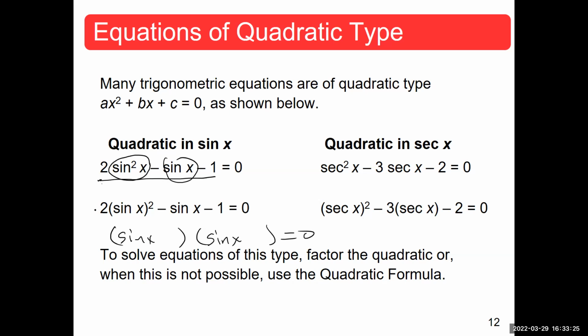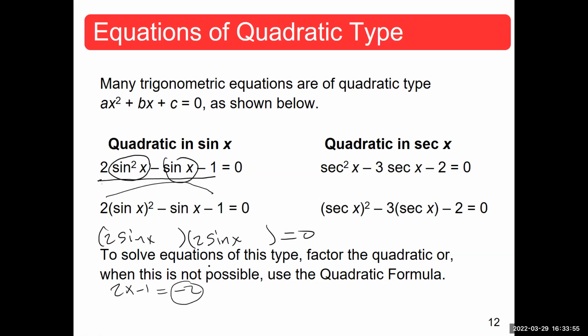So then we have to use the quadratic formula, or let's do it differently. Remember, this is 2 sine of x and this is 2 sine of x, because there is a 2 in front of it. Now, 2 multiplied by -1 gives me -2.